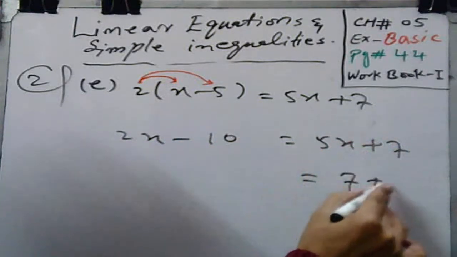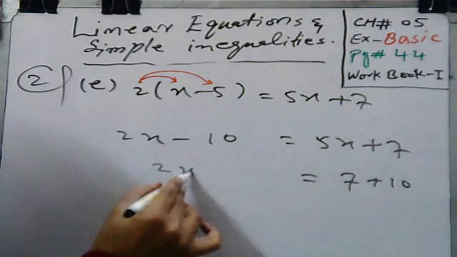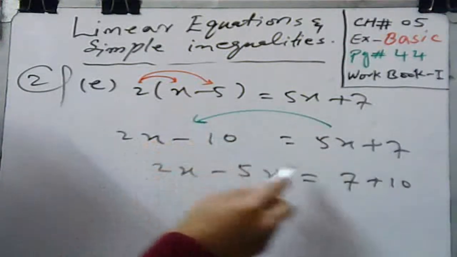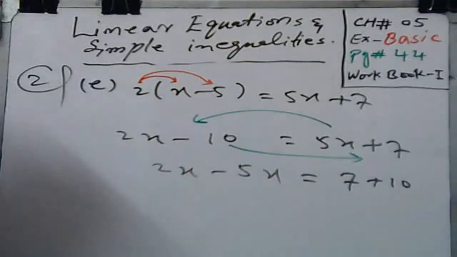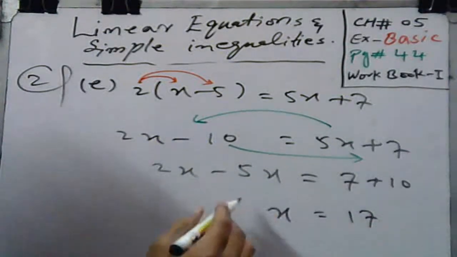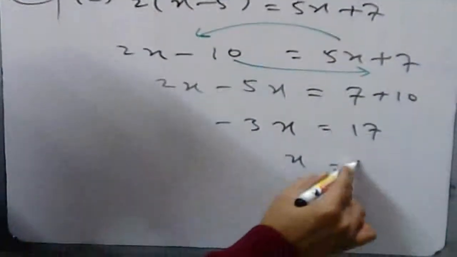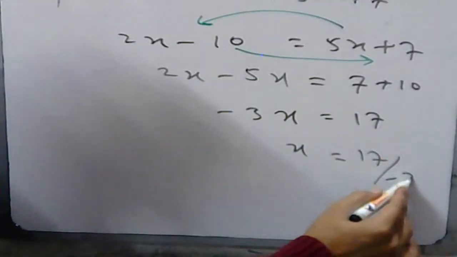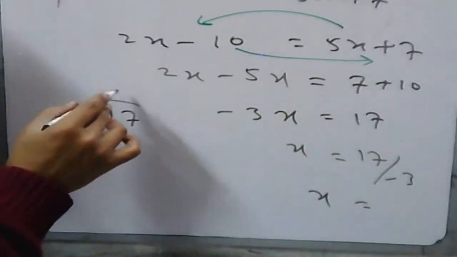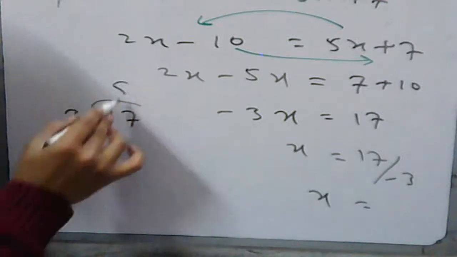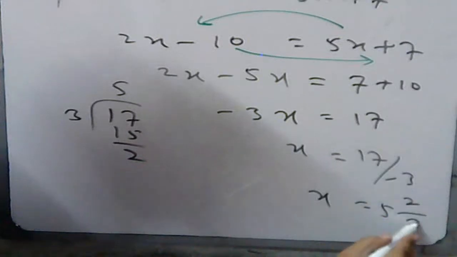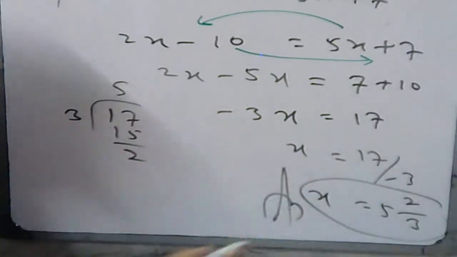It means the constant term should be shifted to one side and the variable to the other side. You have seen here that we have shifted this one from the sign of equality to the other side, so you will get 17 and minus 3. So the value of x is 17 by minus 3. So in whole number, 17 divided by 3, 3 5s are 15, so the remainder is 2, so 5 whole 2 by 3 is your required result.